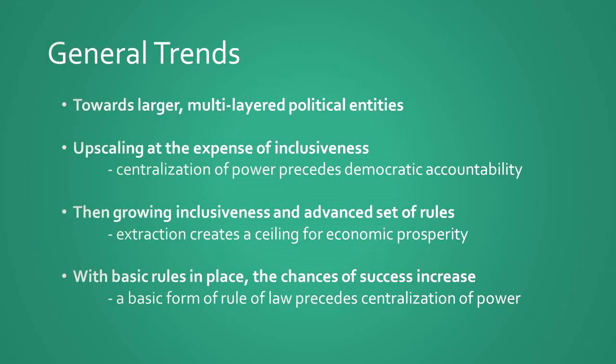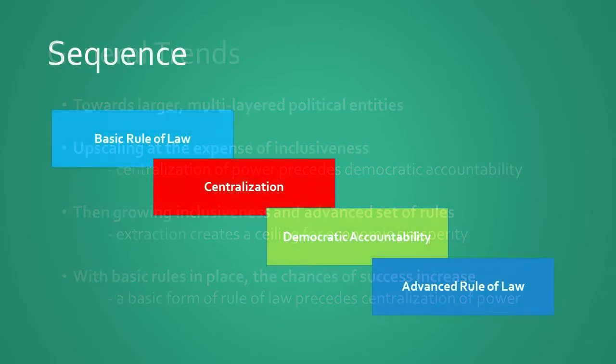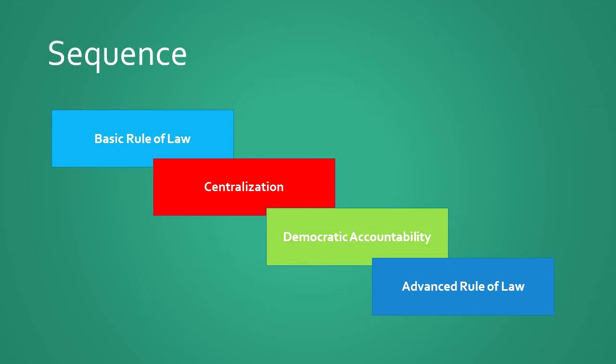And finally, before this all started, if there were basic rules in place from the beginning, then the chances of success for a state will increase. So a basic form of rule of law precedes centralization of power. So in a model, this could be the sequence, the recipe for a successful political entity.